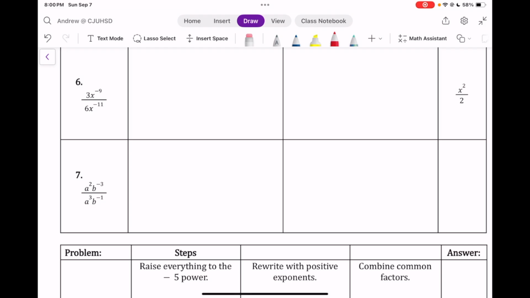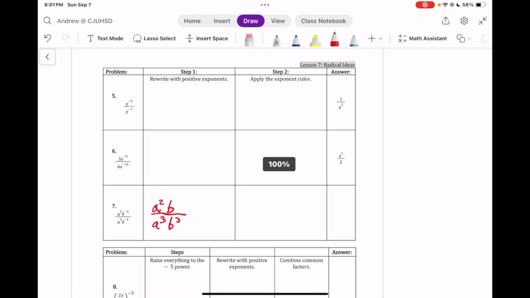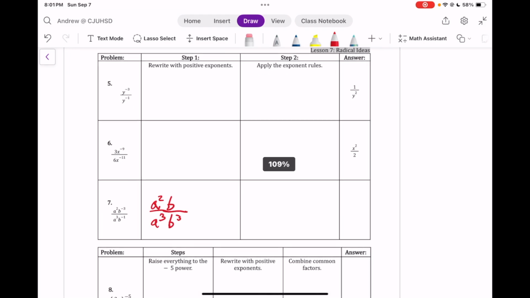So let's make the b's positive first of all. So a to the second, a to the third, but then the b to the negative 3, I'm going to write it on the bottom as b to the positive 3, and then b to the negative 1, I'll write that as b to the positive 1, or just b on top. Okay, so rewrite with positive exponents, and then exponent rules.